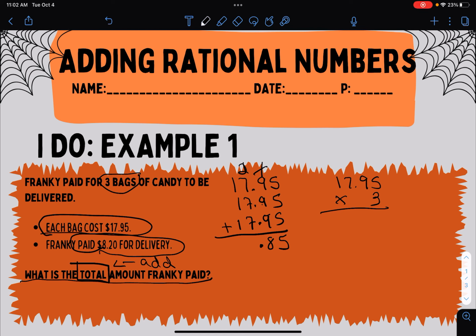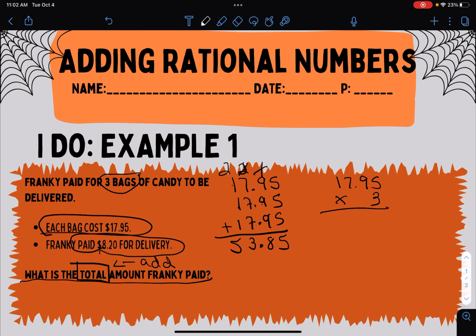So I have 2 plus 7 is 9. Plus 7 is 16. And then plus another 7. So 16 plus 7 is 23. Carry my 2. And so 2 plus 1 is 3. Plus 1 is 4. Plus 1 is 5. So for the candy alone, he paid $53.85.